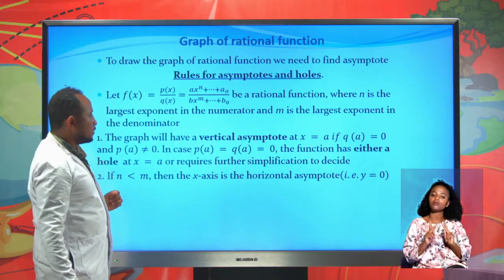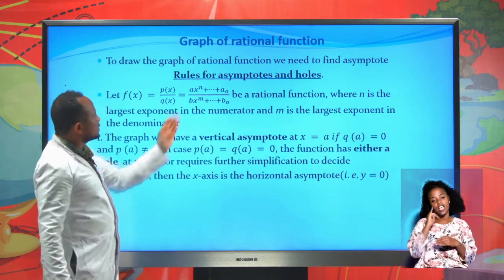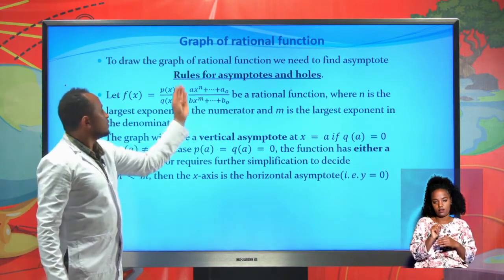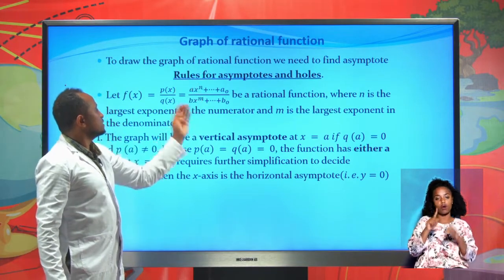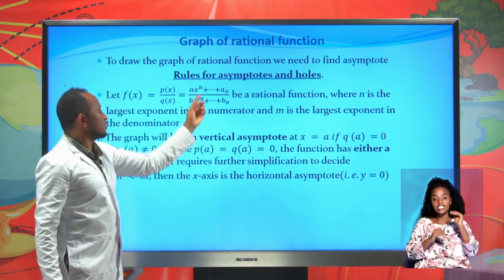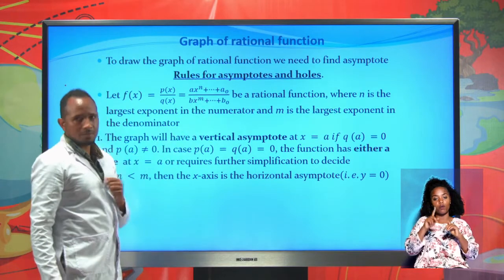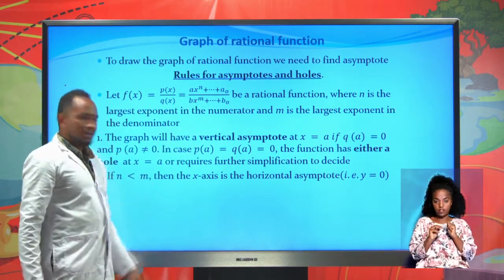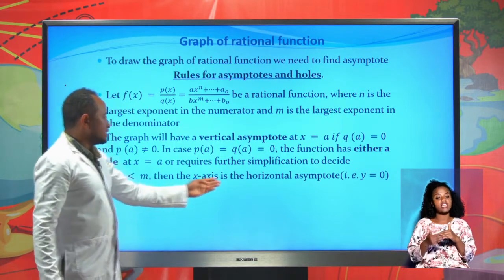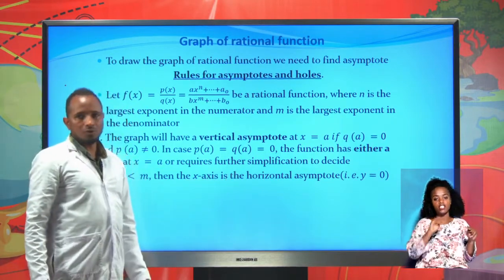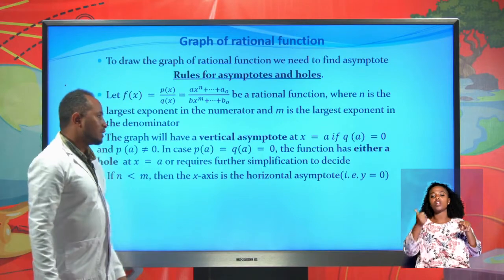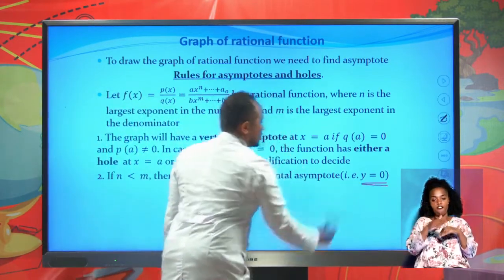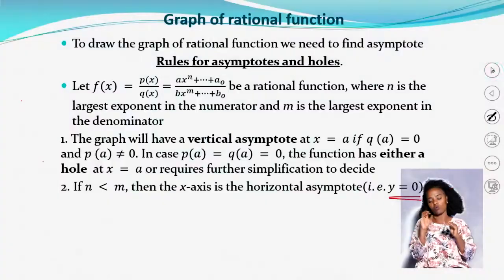Now next, if the degree of p of x is less than the degree of q of x, or when n is less than m, then the x-axis is the horizontal asymptote of this graph, or the graph has a horizontal asymptote at y equals 0.